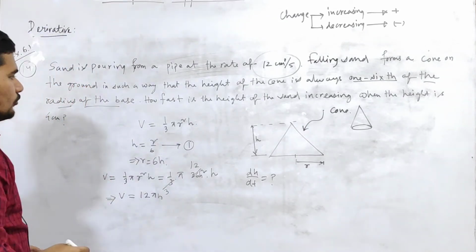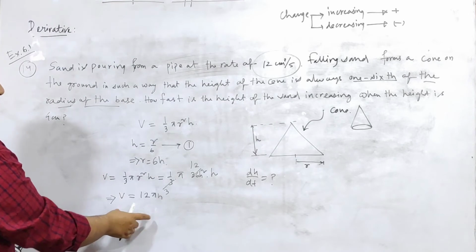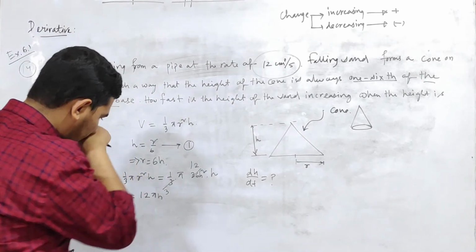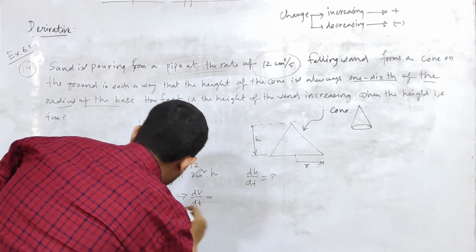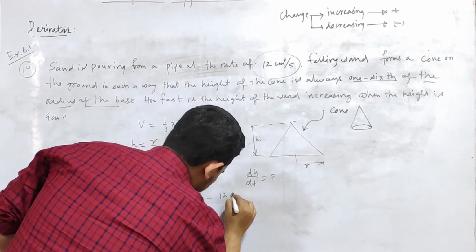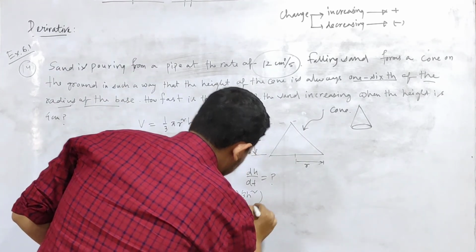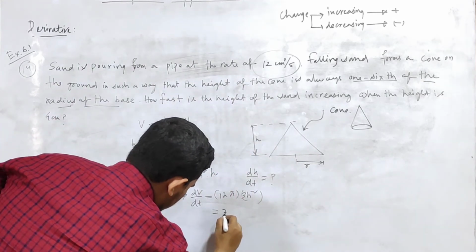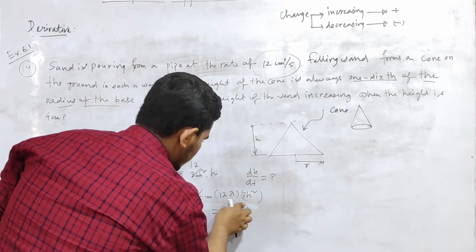Now we need to have the change, so we need to differentiate both sides. So we will have dV by dt equal to 12 pi, which is the constant, so it will come out of the derivative, and the derivative of h cube is 3 h square. So this will be 36 pi h square.